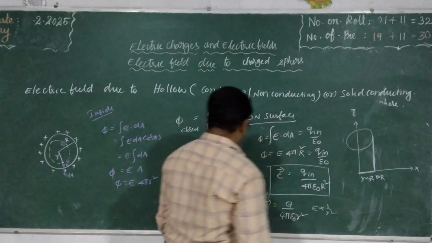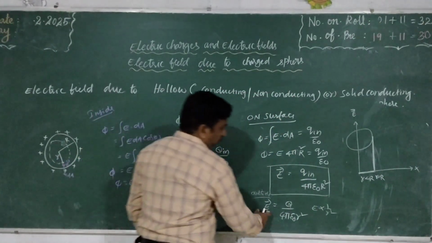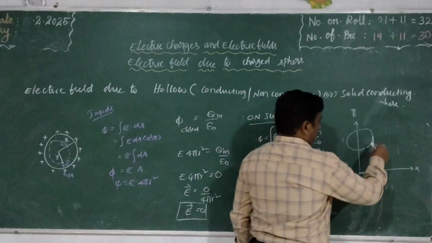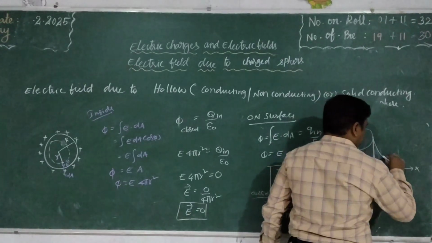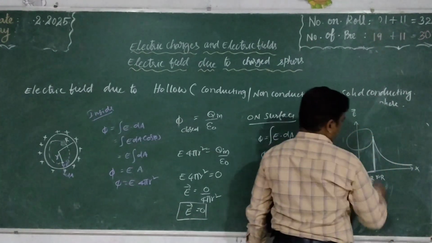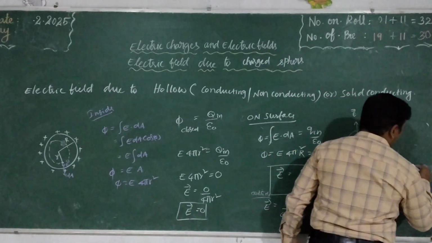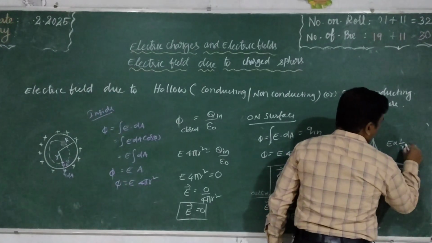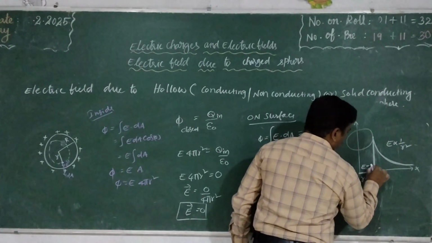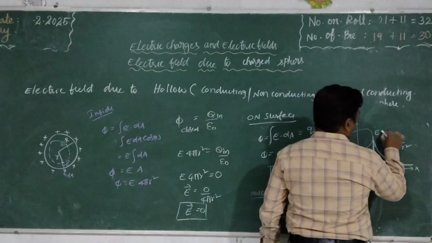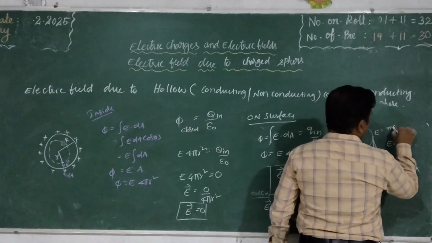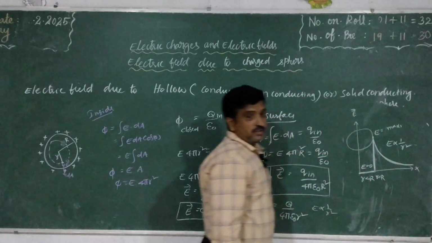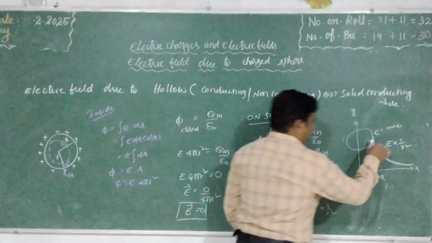After that, E is proportional to 1 by r squared, which means as the radius increases, the electric field decreases. So here E equals 0, and here on the surface E is maximum.